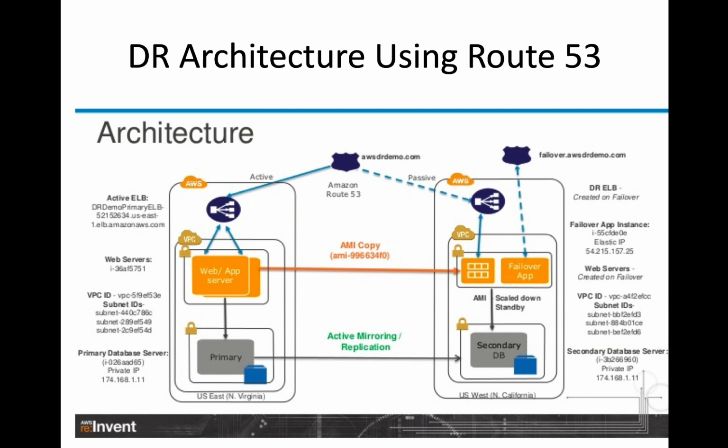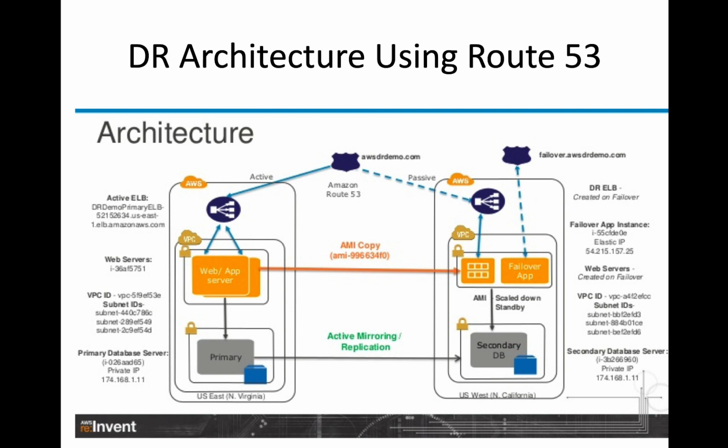And in this case, both regions have an elastic load balancer. The elastic load balancer is going to take an incoming request and distribute that request across a set of web servers. And those web servers are communicating with a database server. And this is an active passive sort of configuration.